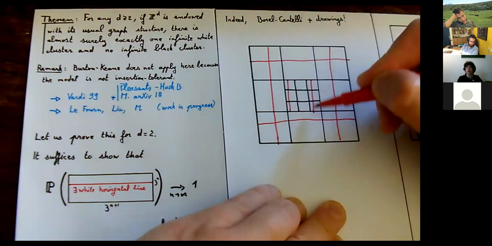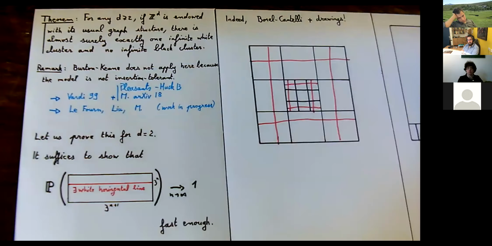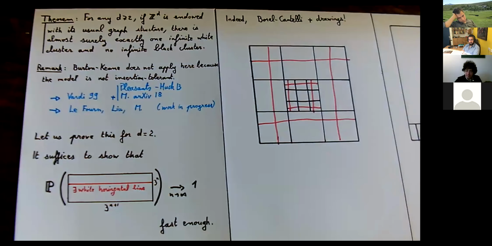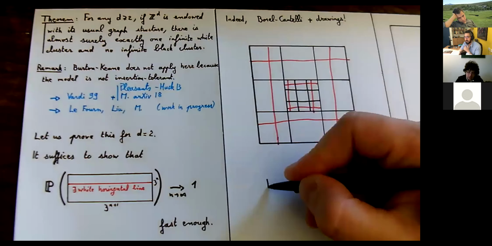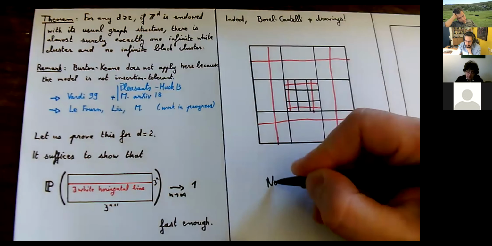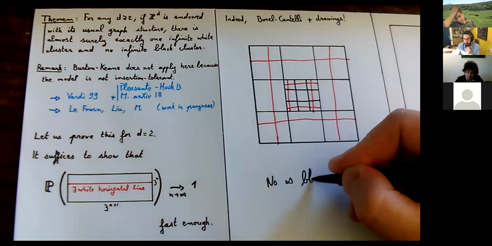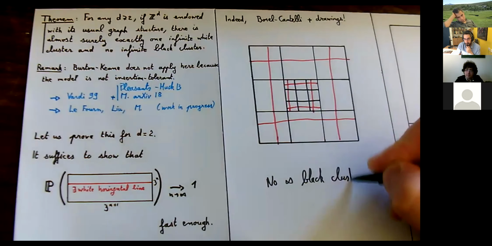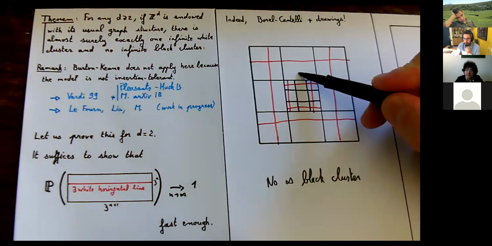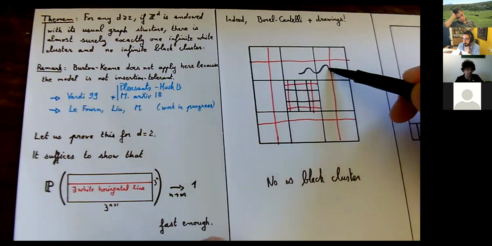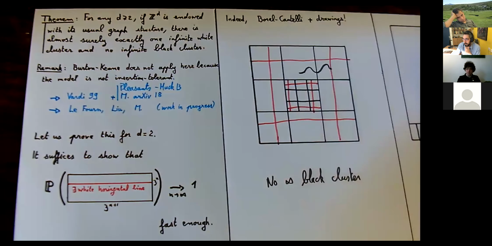And if I have such white lines, which I draw in red, then I can have no infinite black cluster, because if I try to make my way to infinity, I will be blocked by some red square.